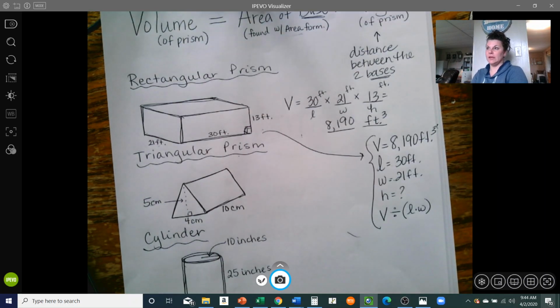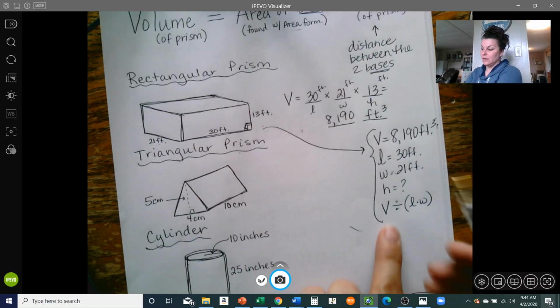Okay, because remember that length times width times height is the volume. And so the volume can be divided by those other units to find the other one. They can be divided by those other side lengths.